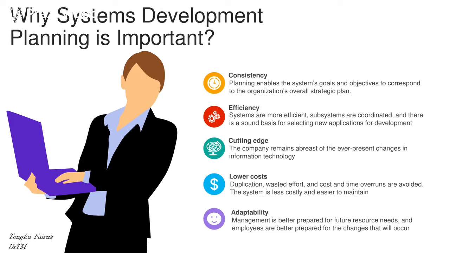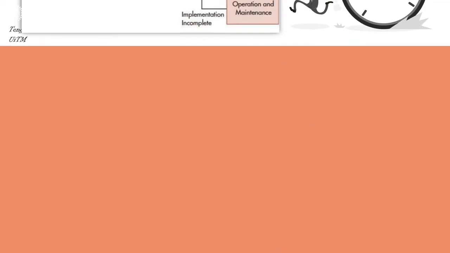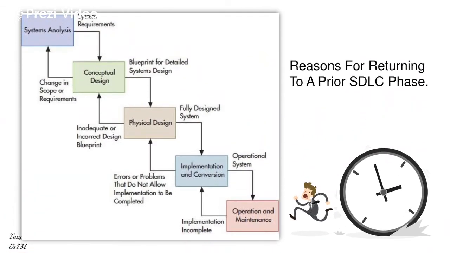Alright. If they have a poorly planned development effort, the company may have to return to a prior phase to correct errors and design flaws. If you refer to this diagram, figure 20.2, you can see that each process has an output that will be used by the next process.